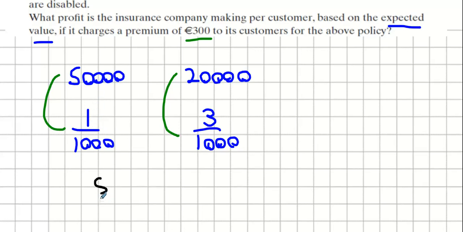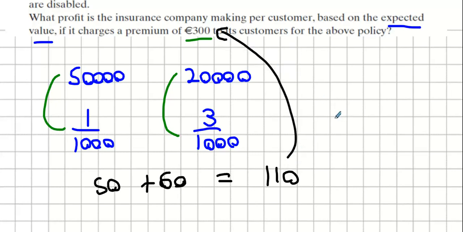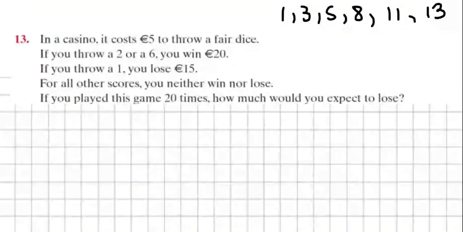And that's 60? And that's 110. On average, each customer is going to cost them €110. But then they're charging 300 per premium, which means they're making €190 profit because they're charging above what's expected to pay out.